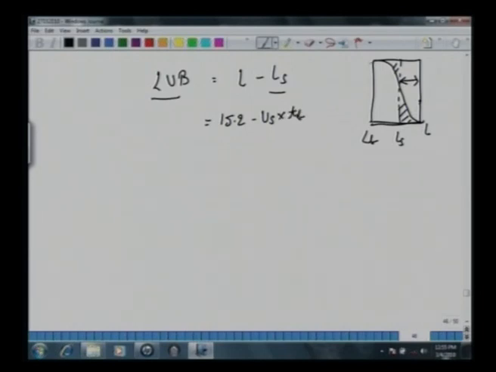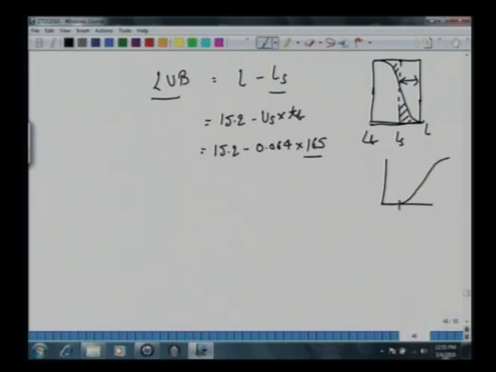So essentially the wave front ideally would have reached here. Had this been ideal, then the bed would have saturated till LS. So minus US into TB. Alright, and we know these two quantities, 15.2 minus 0.064 into 165. We calculated from our breakthrough profile. We made some very small approximations.